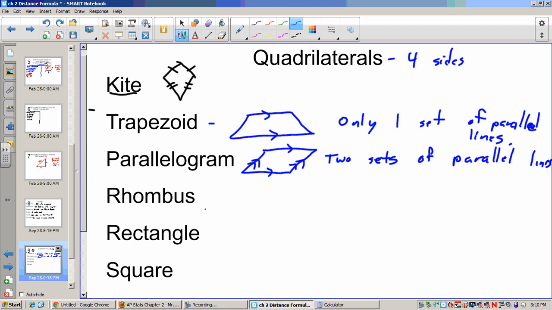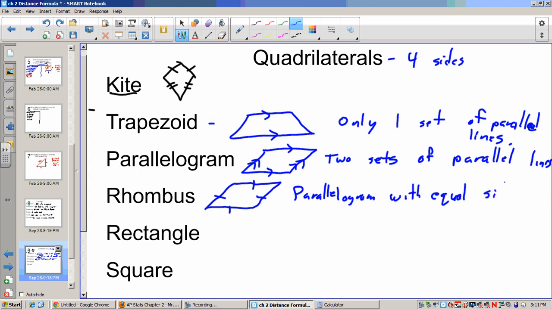A rhombus is a type of parallelogram. So it's a parallelogram where all the sides are equal. So it's a parallelogram with equal sides. Another way we could say this is we could say it's an equilateral parallelogram.